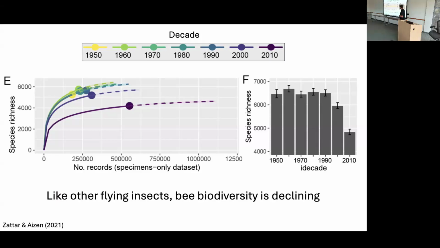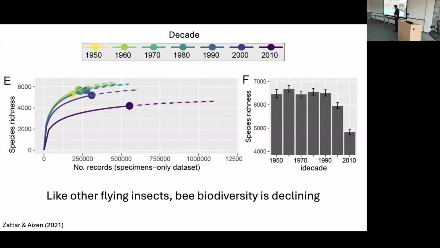So in this figure, what you're looking at are basically species detection curves in museum data sets. You're looking at overall species richness detected relative to the number of specimens being cataloged into museums from 1950 to 2010. You can see that in 1950, 1960, and 1970, these are all tracking at the same rate of species detection in these museum catalogs.